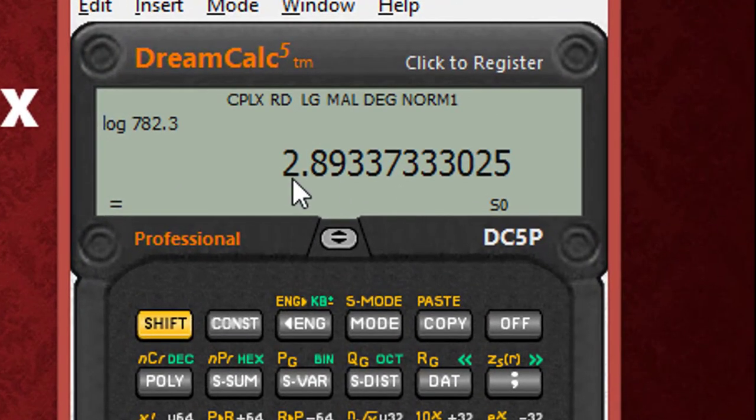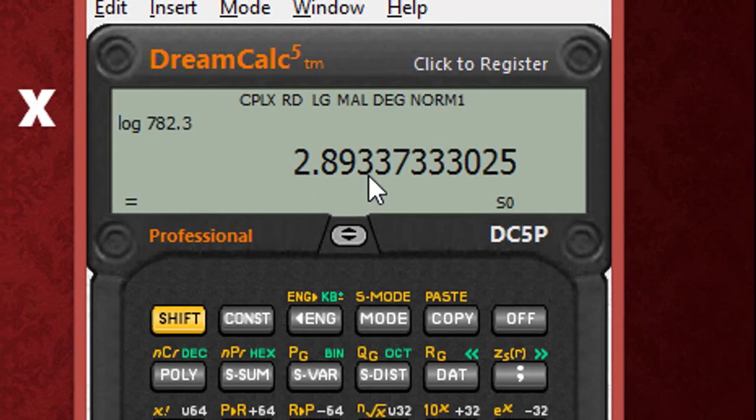So we have 2.8933. We are supposed to stop here, but we need to check the next number to see the approximation we can make. The next number after it is 7. If you approximate 7, it will give us 1. So we add the 1 to the 3 and that will give us 4. That means we have 2.8934.